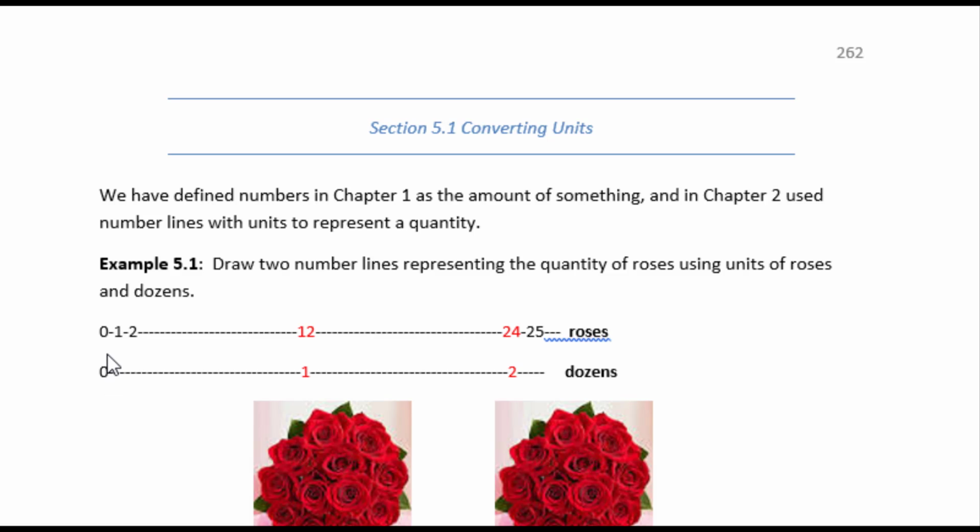Notice 0 roses corresponds to 0 dozens, whereas 1 dozen corresponds to 12 roses. They're lined up vertically, so they represent the same underlying quantity. And 2 dozen roses is equal to 24 roses.